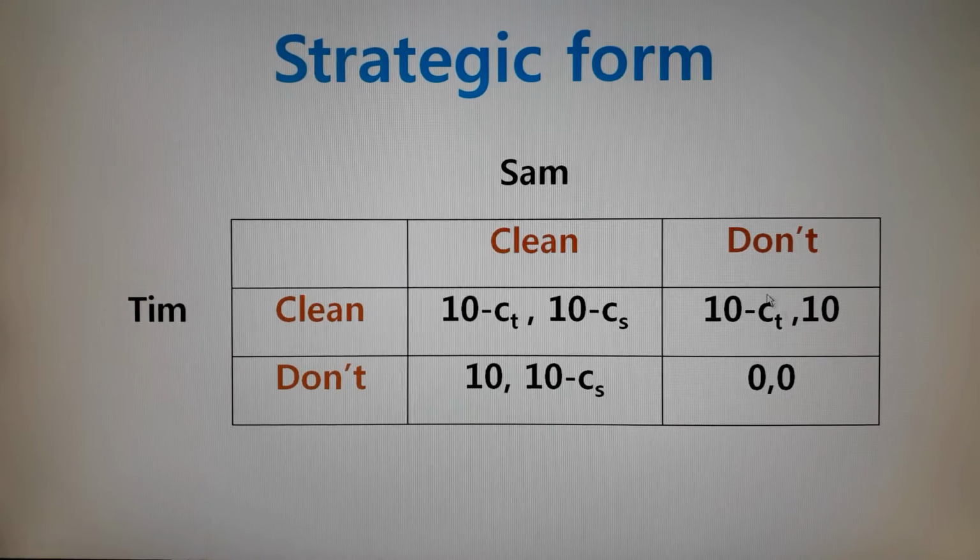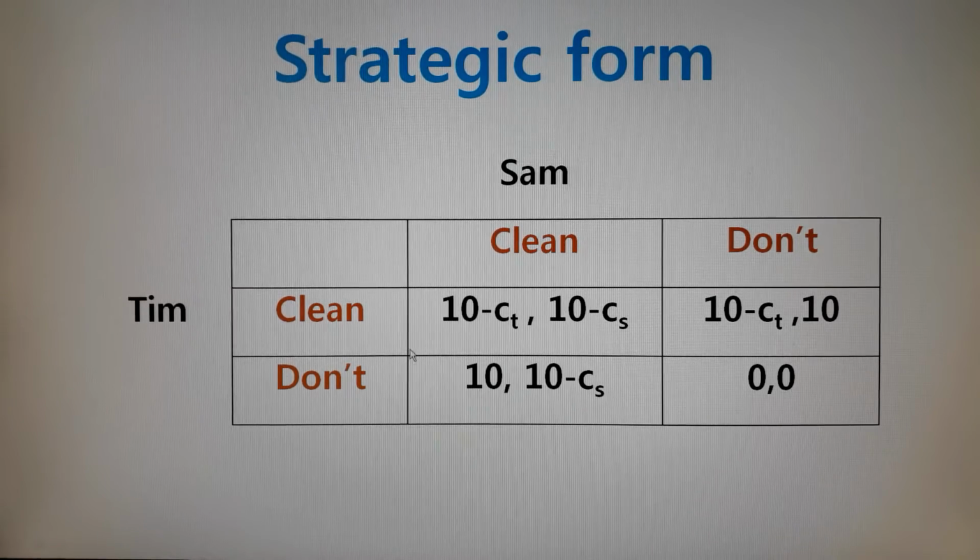However, the person who cleaned the room, here if Sam cleans, C_S would be deducted from 10 because Sam would pay the cost of cleaning. Tim also, C_T. So for example, Tim does not clean it, Sam cleans it. Both will enjoy the clean room, which gives the utility 10 to both of them, but only Sam pays the cost because he's the only one who cleaned the room.